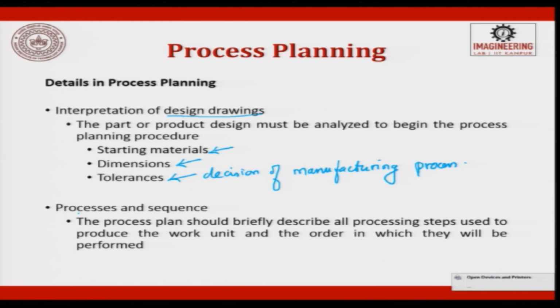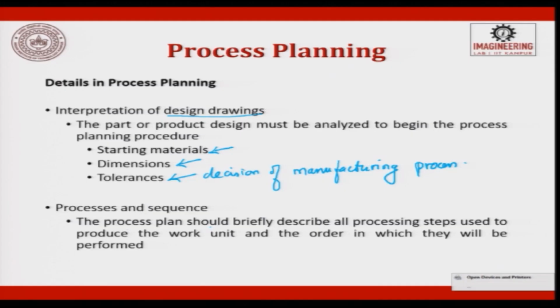Then he tries to decide the processes and sequence. The process plan should briefly describe all processing steps. So, you have a blank now, and this blank is getting modified at each machine and moving towards the final part. If that has to happen at every machine, the list of operations done and how the blank is getting changed going towards the output has to be spelt out.